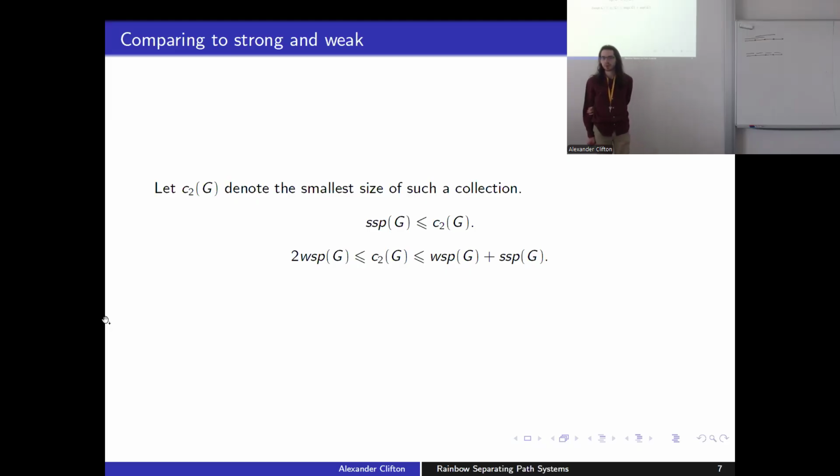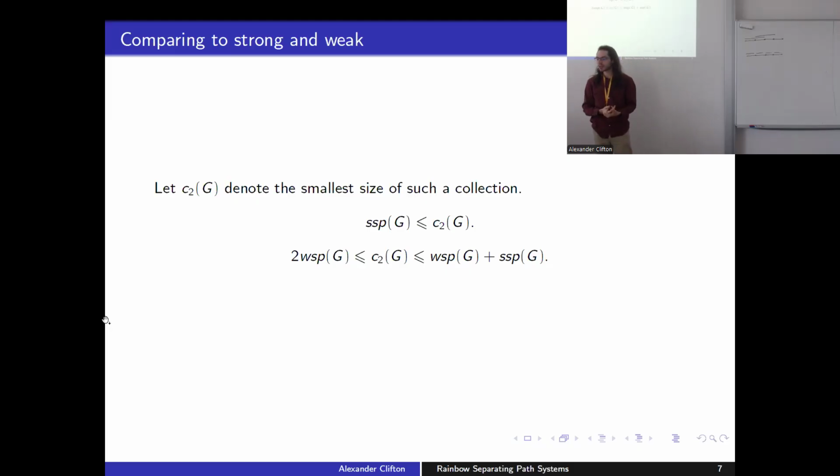And then as far as upper bounds, what we can do is we can get weak plus strong in the following manner. So let's suppose I have a weak separating system and I paint the entire thing red. So for every pair of edges, I can pick one of them to be E, one of them to be F, so that I have a red path that has E but not F. Now, I would like to have a blue path that has F but not E. Well, maybe I wasn't careful about, for this pair, I labeled this one as F, but for that pair, it ended up being E. So something was F with one pair, but E with another pair.